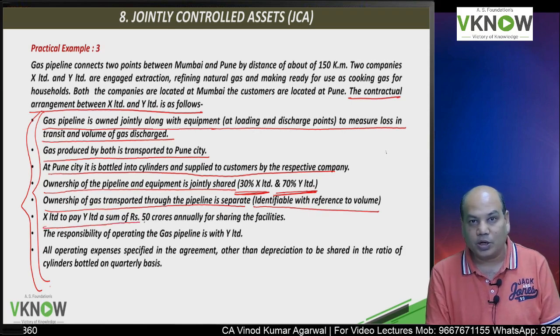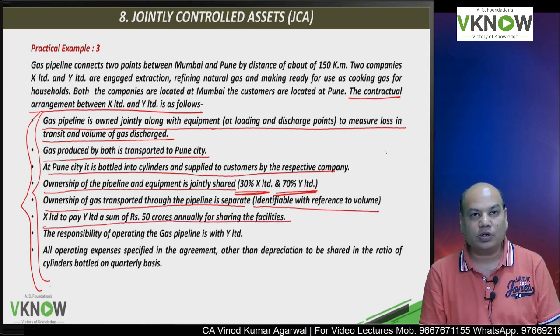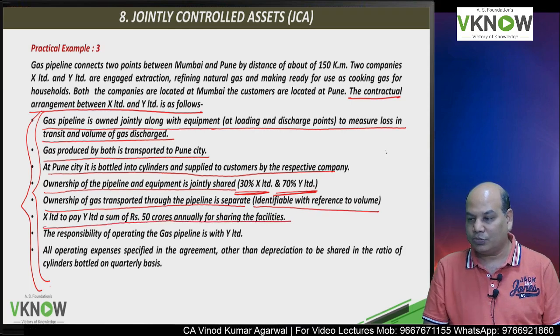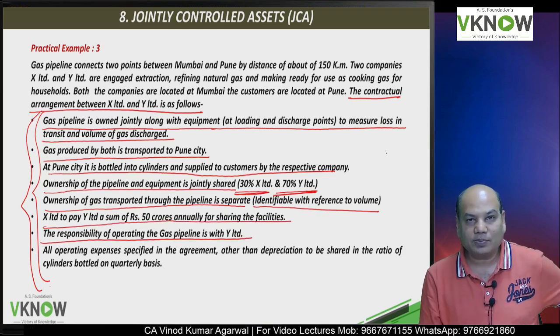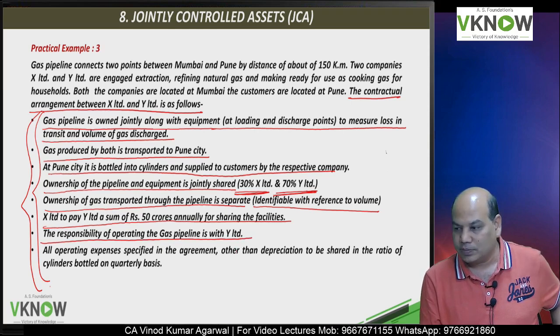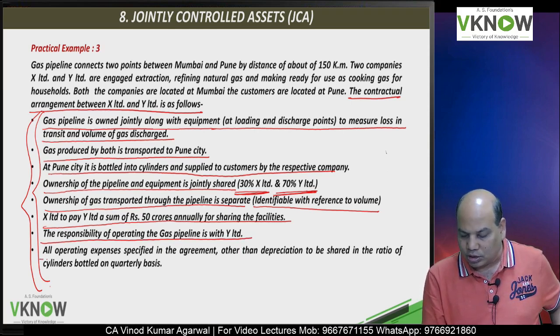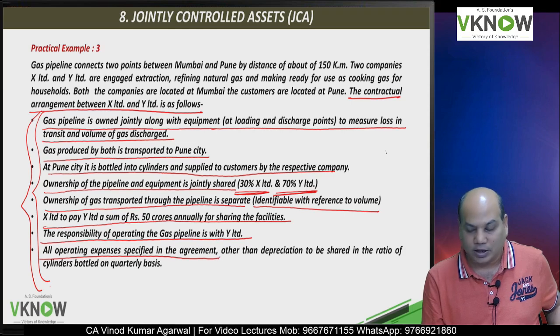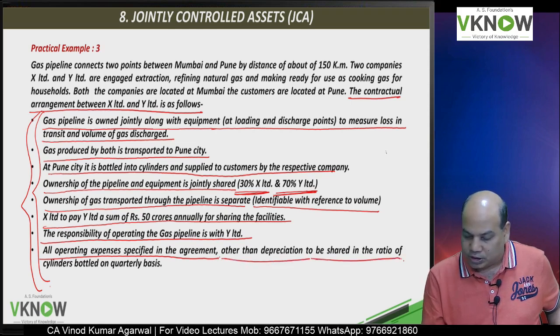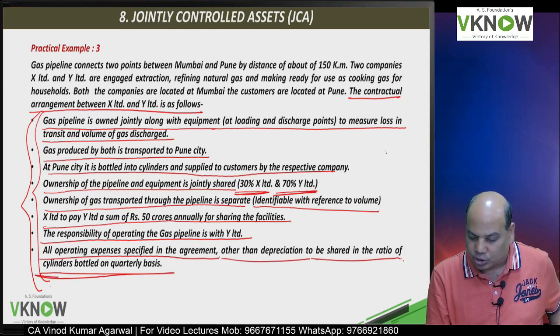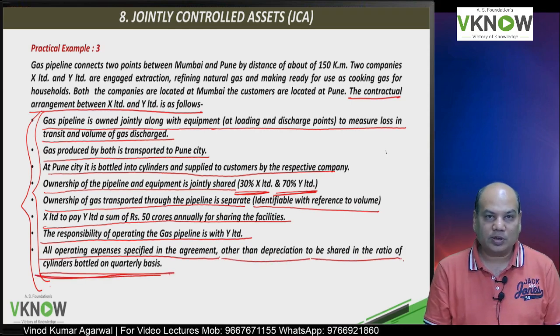X Limited will pay to Y Limited a sum of rupees 50 crore for sharing the facilities. The responsibility of operating the gas pipeline is with Y Limited. All expenses specified in the agreement, other than depreciation, will be shared in the ratio of cylinders bottled on a quarterly basis.